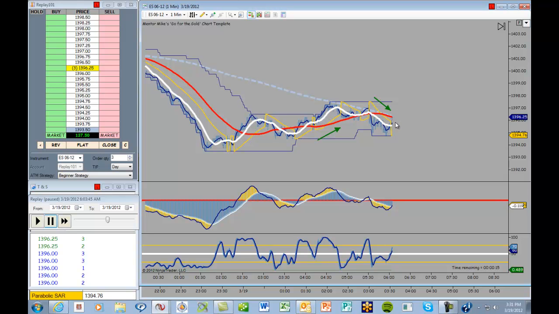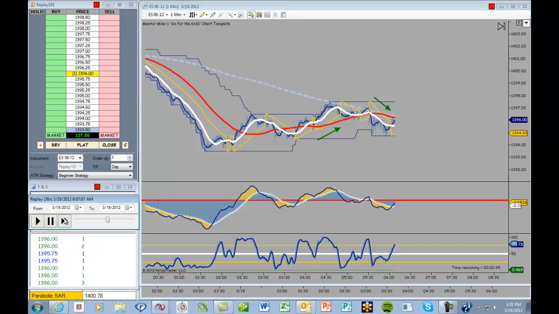Well, let's see if we can get the white a little closer to the red. We've got a double thickness of moving average that we got to bust through here in terms of resistance.